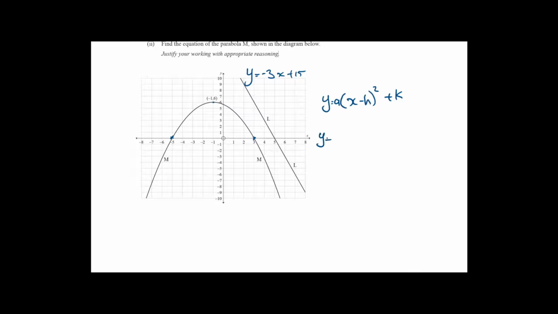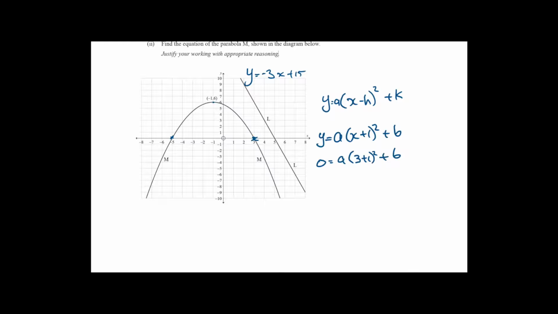So y is going to be equal to some a(x plus 1) squared plus 6, and now we need to find out what a is, and we would do that by taking one of these points. So x equals 3 and y equals 0, so 0 equals a(3 plus 1) squared plus 6, and then solving for a.